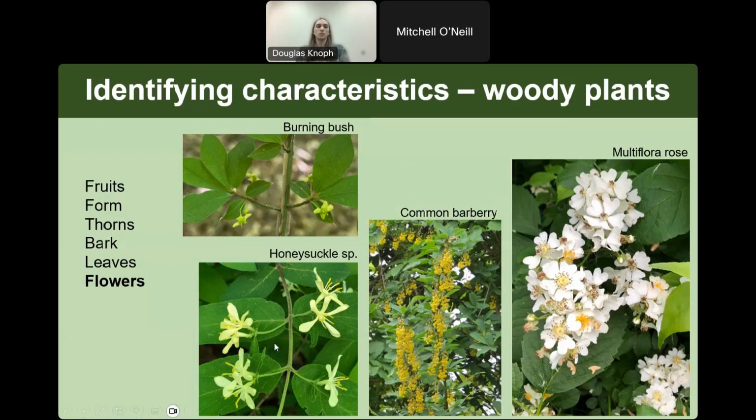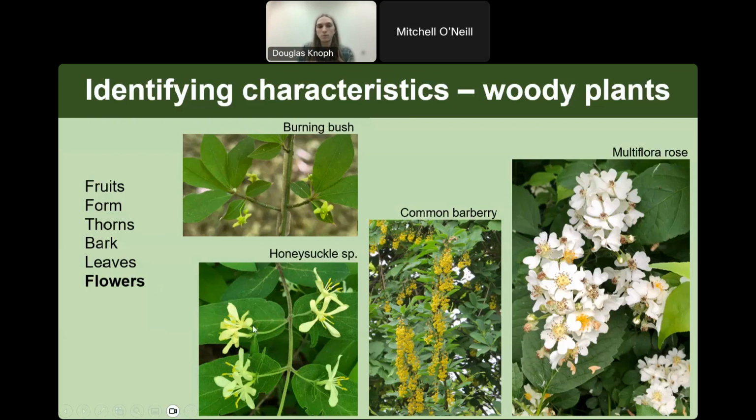Honeysuckle, again, there's 8 different species that we track in iMapInvasives. They readily hybridize with one another to create these weird unknown hybrids, but the flowers are some of the best structures for identifying species. So like for this one, some of the identifying features, you can see it's coming out from the axillary area here between the stem and the leaf.